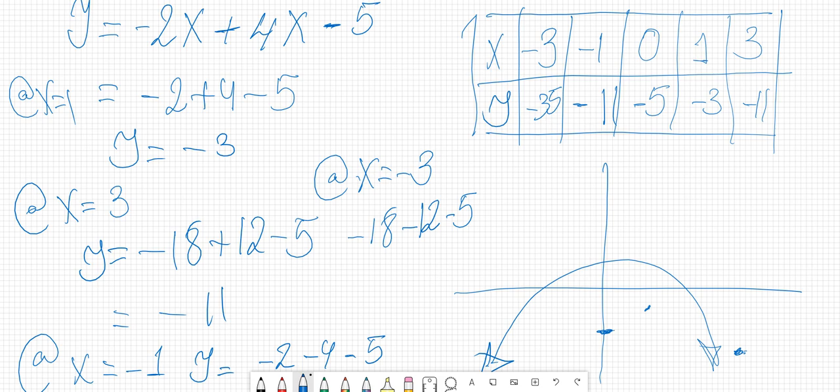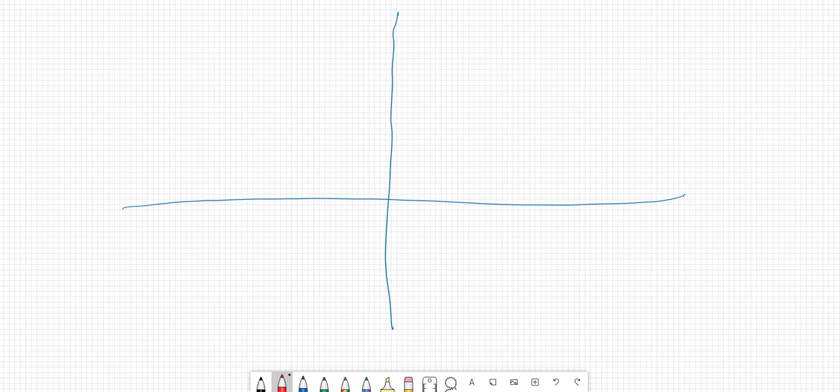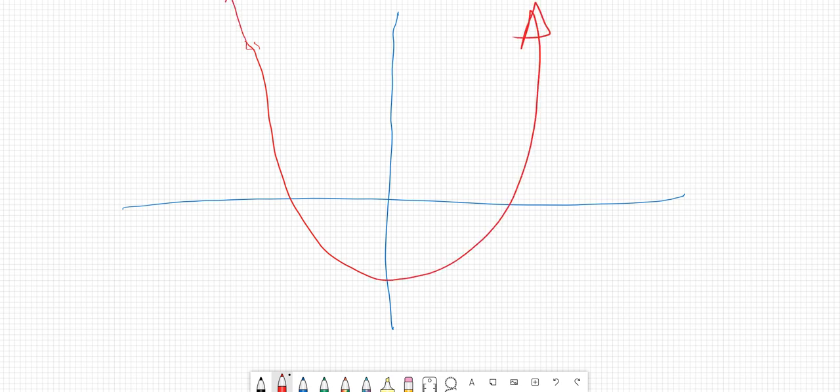But let us introduce the components of the graph. So if we see a graph like this, okay, let us change the color, and we have a graph open up. That means the coefficient of x squared is positive.